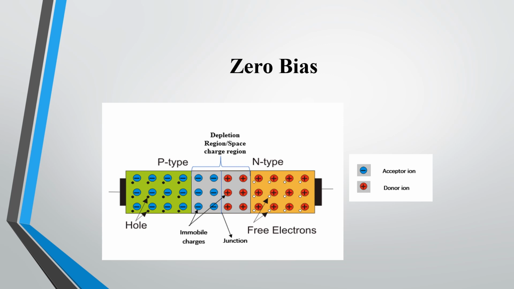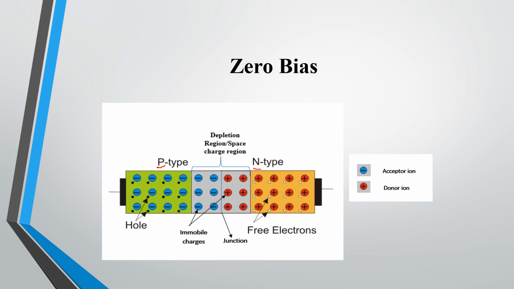I'll show the process of recombination and diffusion in this picture. Here I have given a PN junction diode. Here no external voltage is applied. As you can see, there is no external voltage applied to the PN junction diode. Left side represents the P type, that is, green color represents the P type, orange color represents N type.